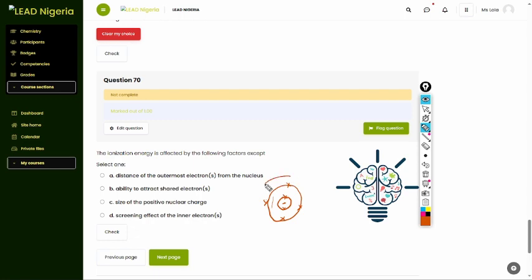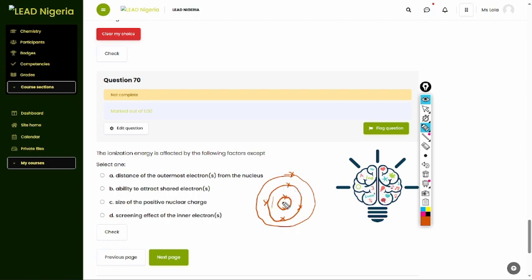If I were to add another shell here, and I put an electron here, the inner electrons here are called the core electrons. So the core electrons here are also shielding this last electron from getting very attracted to the nucleus. So the shielding effect or the screening effect of the inner electrons affects how easily this electron can be knocked off.